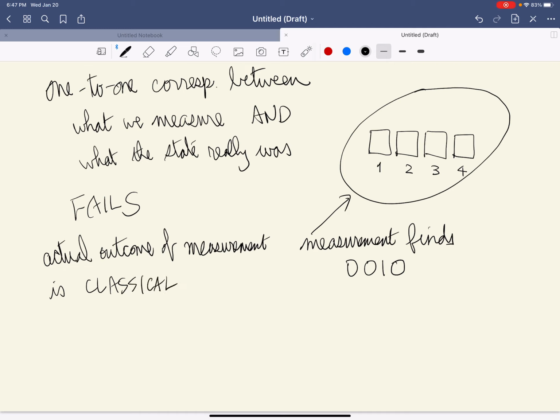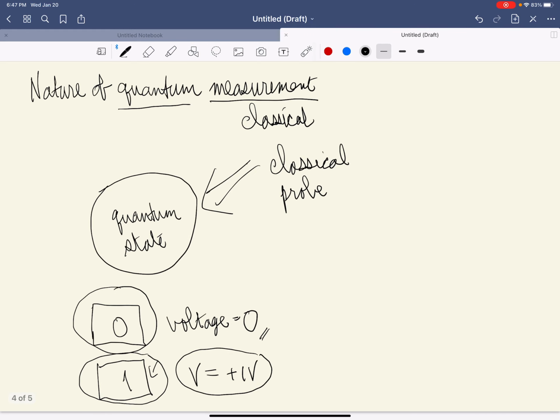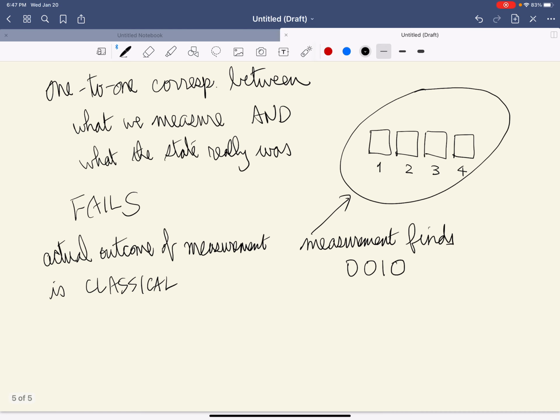So in this regard, the measurements on a quantum computer are really not that different from the measurements on a classical computer, where the measurements are in terms of numbers like zeros and ones. Well, actually, even for a quantum computer, the measurement is a string of numbers like zeros and ones.